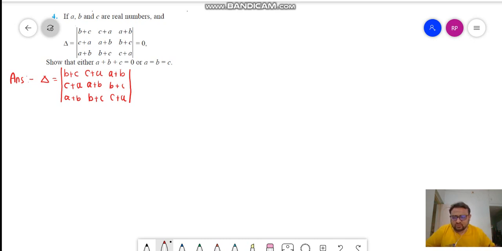So first we will solve it. Okay, let's see what we can do. B plus C, C plus A, A plus B means 2 times A, 2 times B, 2 times C. Similarly for the second row and similarly for the third row.